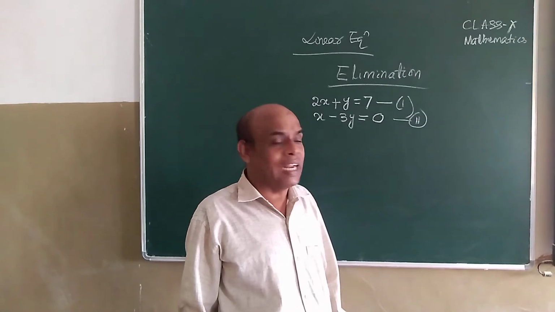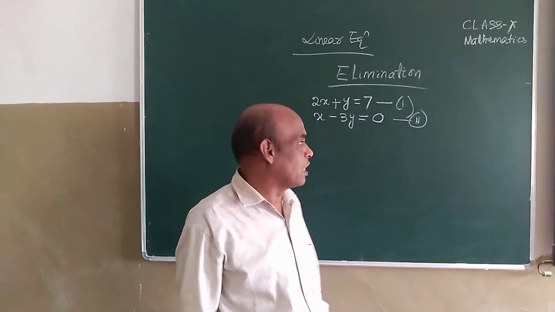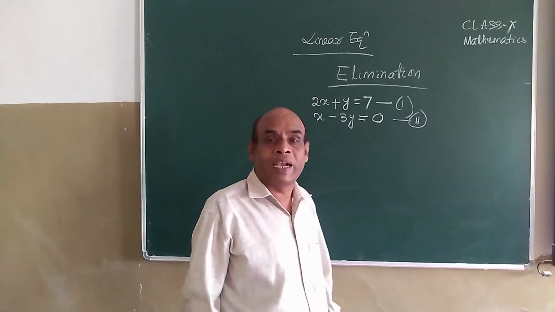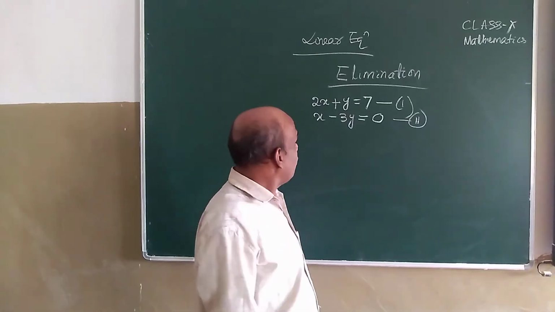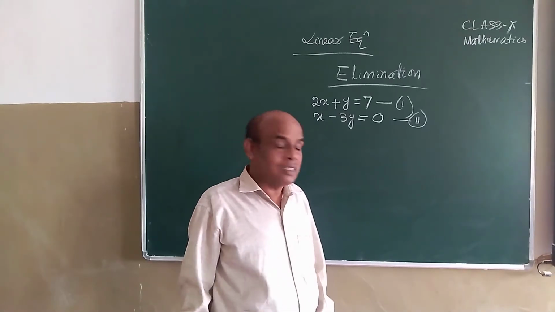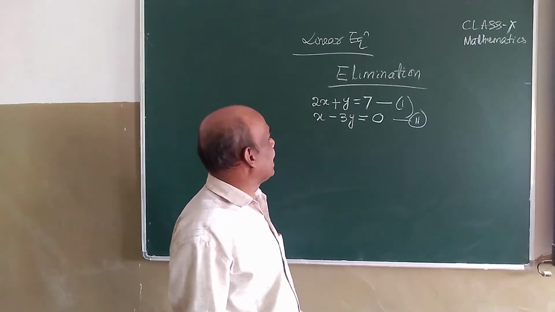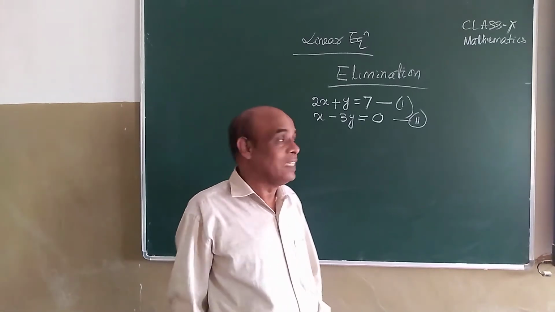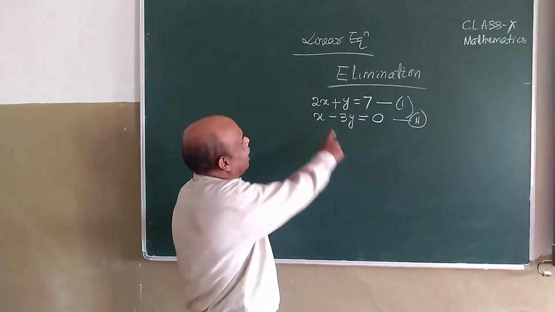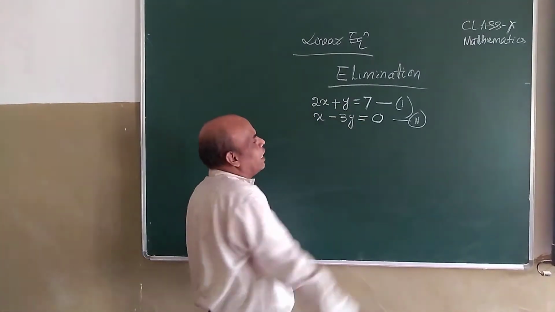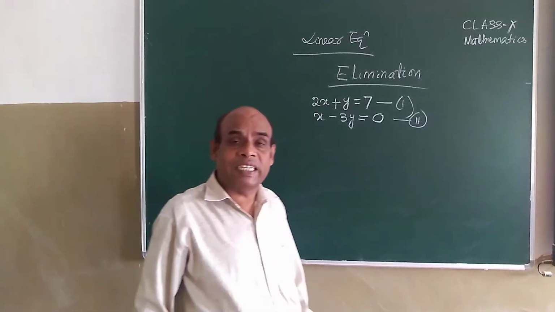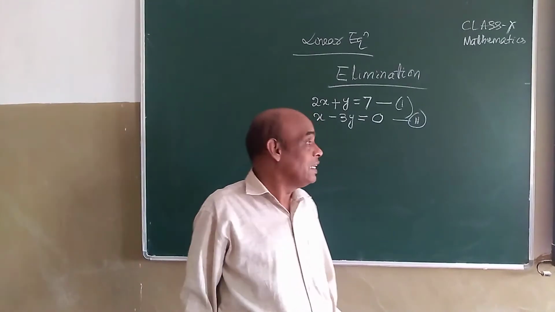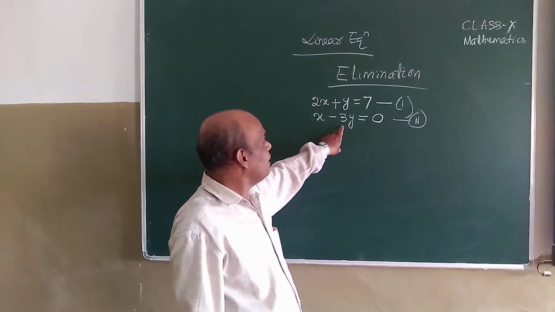Now from the two equations, first think about which variable you want to cancel. Suppose you are thinking to cancel y. In the first equation, 1y is written, and in the second equation, minus 3y is written.